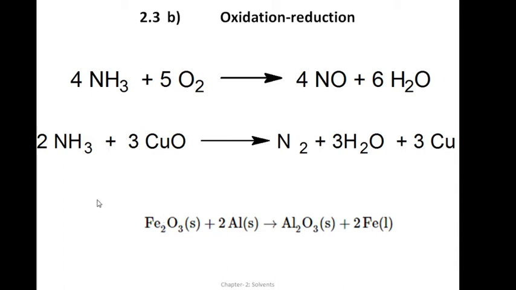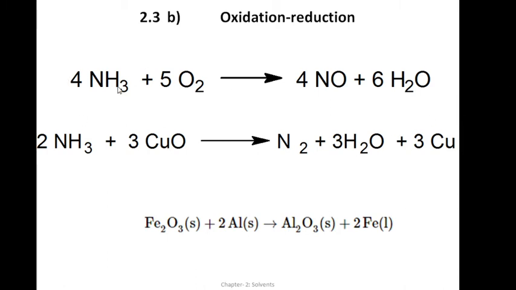So it's a redox reaction which occurs in the presence of water. You do not see water involved anywhere here. It just facilitates the reaction as a solvent. In a redox reaction, water facilitates the reaction as a solvent.